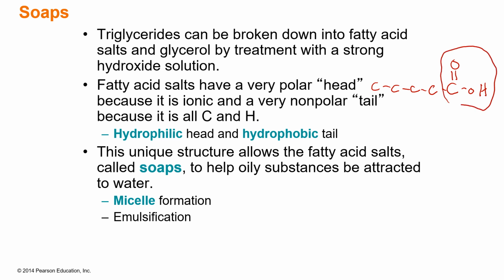That head group is polar and attracted to water, which makes it hydrophilic. That tail is nonpolar and hydrophobic. That attracts to oily substances, so it dissolves fats and oils.